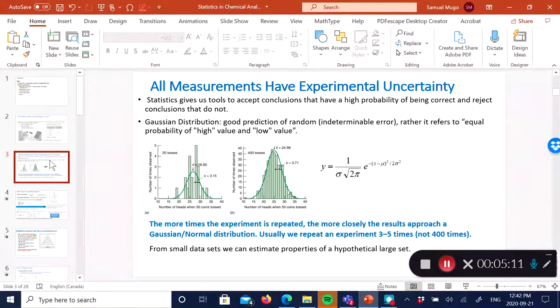I'll give you an example, and you guys are going to do this later on. Say you're trying to analyze a lead sample in water. You can use many different types of techniques. You can use titration. You can use atomic absorption spectrometry. You can use inductively coupled plasma mass spectrometry, and we're going to talk about this later.